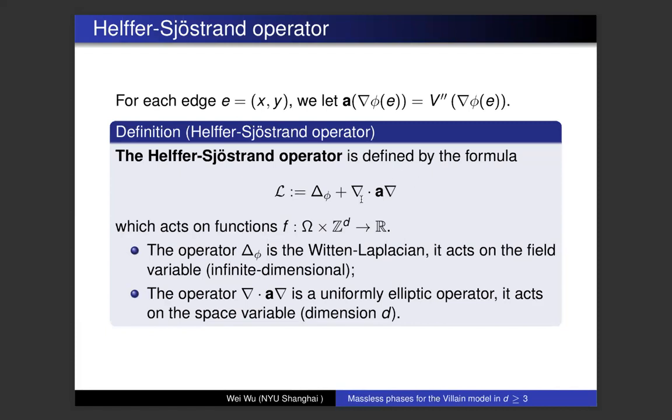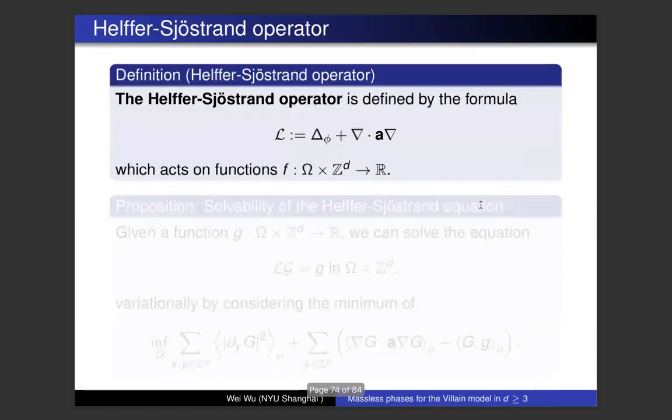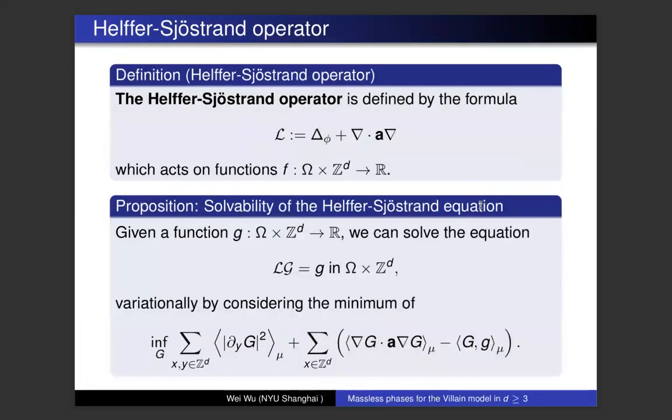But on top of that, we're adding another operator, which is infinite dimensional. Now, we can solve the equation based on this new operator, the Helffer-Sjöstrand operator, just as we solve the ordinary elliptic equation, or just how we solve the Laplacian equations. And in particular, you can characterize the solution in some variational form, right?